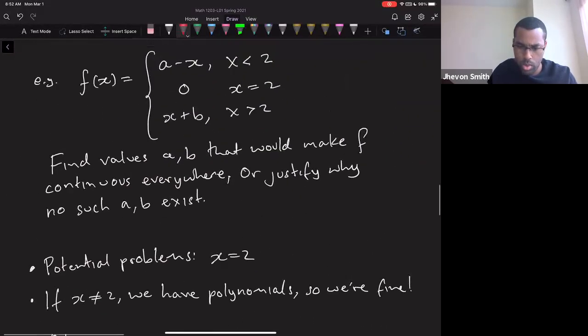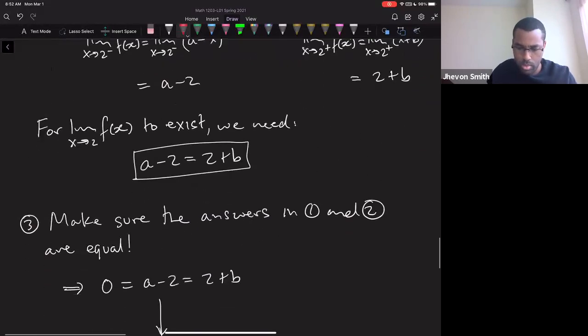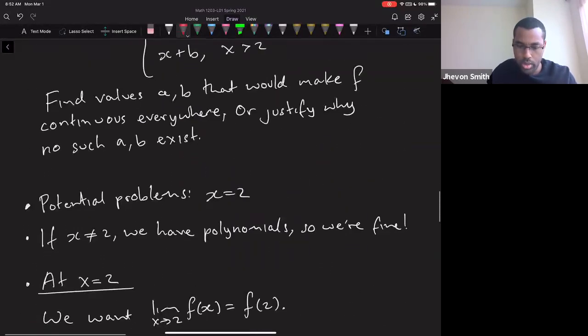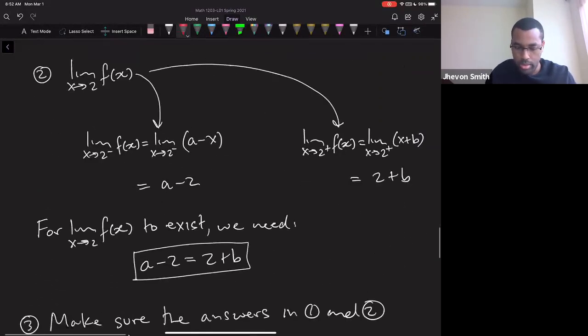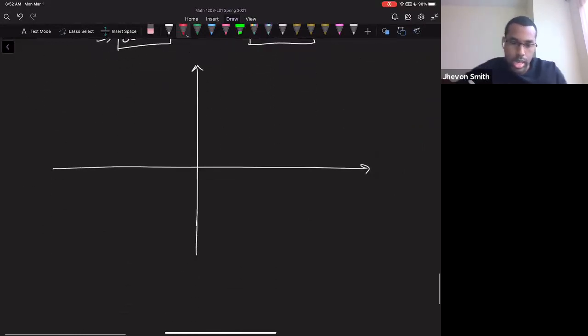I need a to be 2 and b to be minus 2. And we're on the left of 2. Okay, so on the left, we are at 2 here.